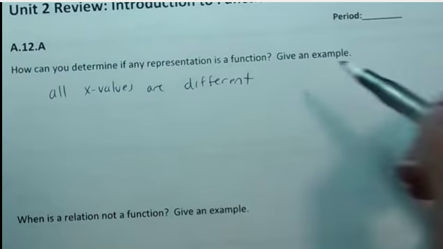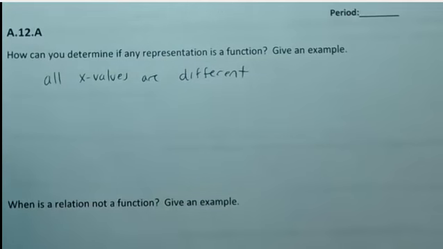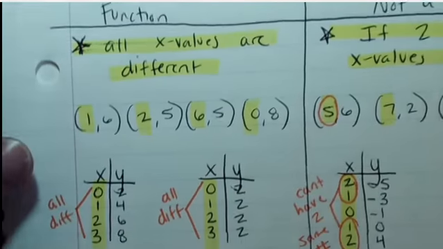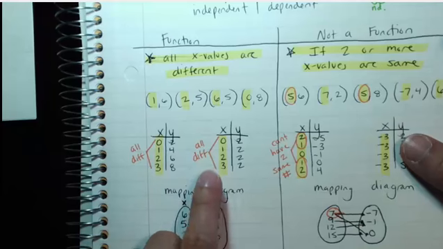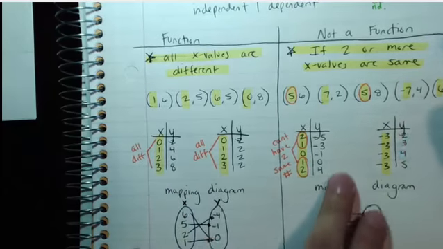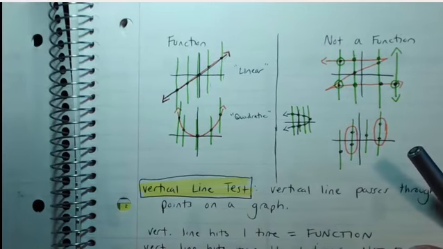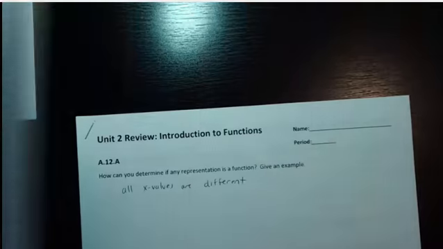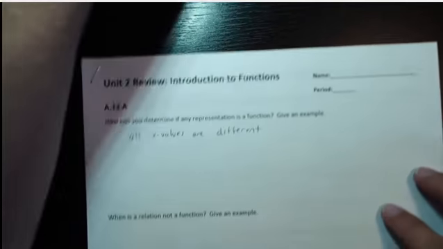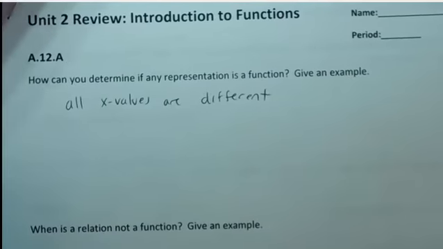It also says give an example. Well, in my notes for functions, we did a couple different examples. We did ordered pairs, we did tables, we did mapping diagrams, and on the next page we did graphs. So I want you to create, you don't have to copy the same one, just create some examples that show that it is a function.